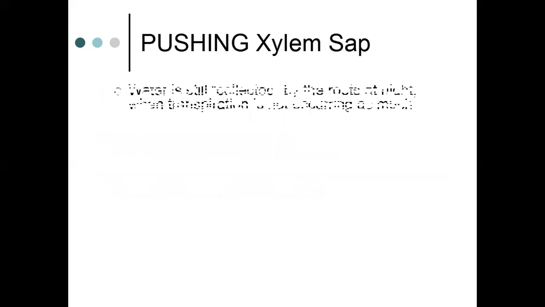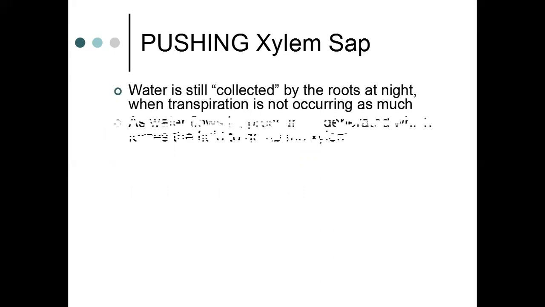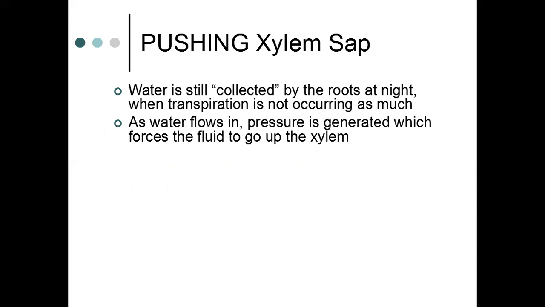Pushing xylem sap: water is still collected by the root at night, when transpiration does not occur as much. As water flows in, pressure is generated which forces the fluid up the xylem. During the daytime, most photosynthesis takes place throughout the shoot system, and the leaf plays a major role in photosynthesis.